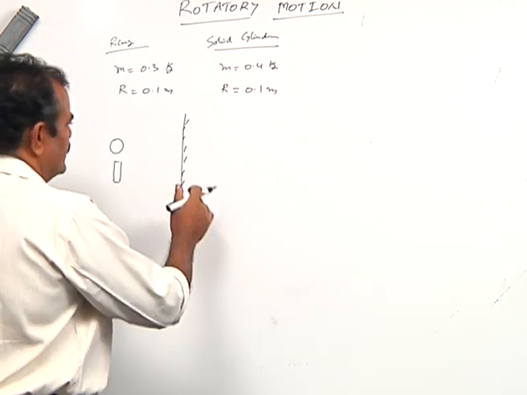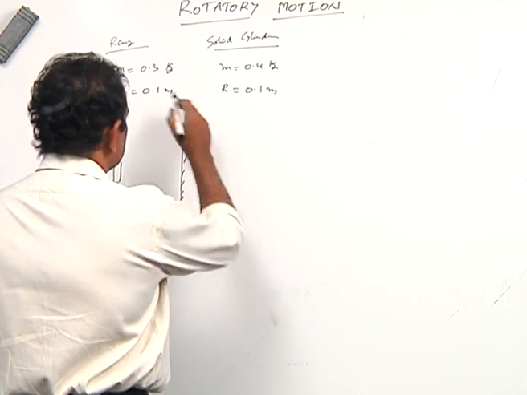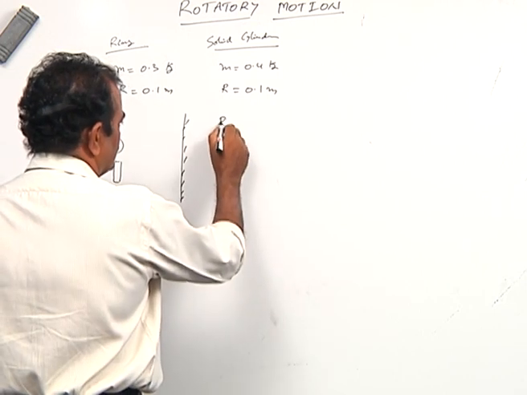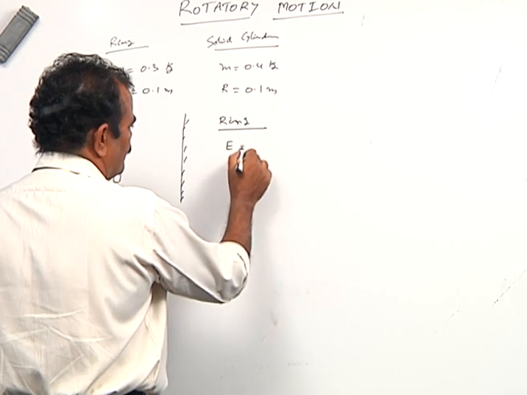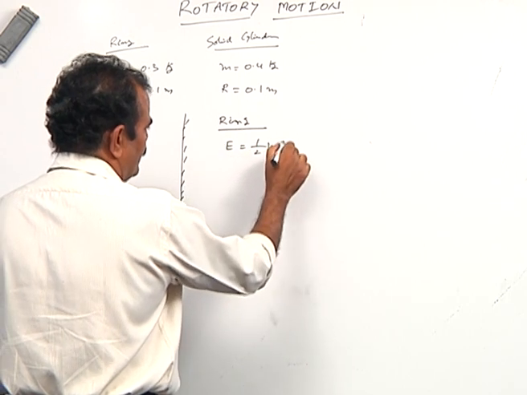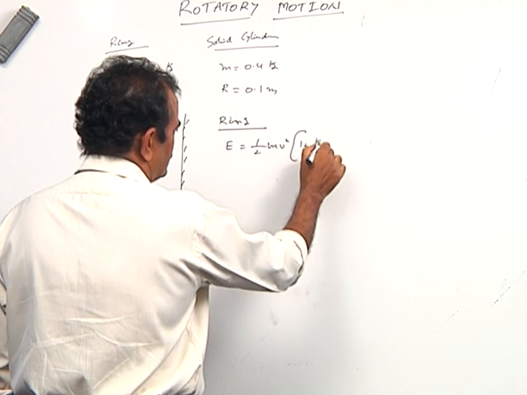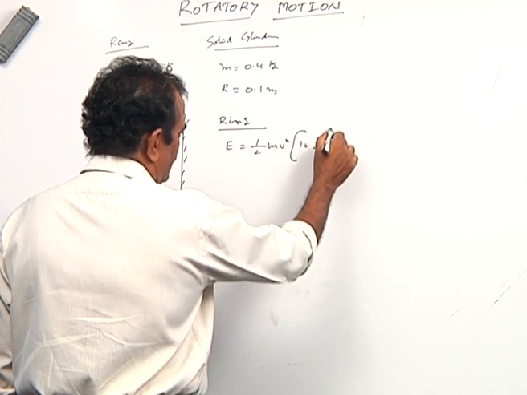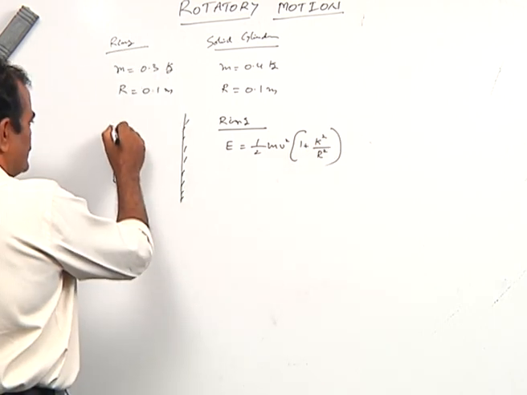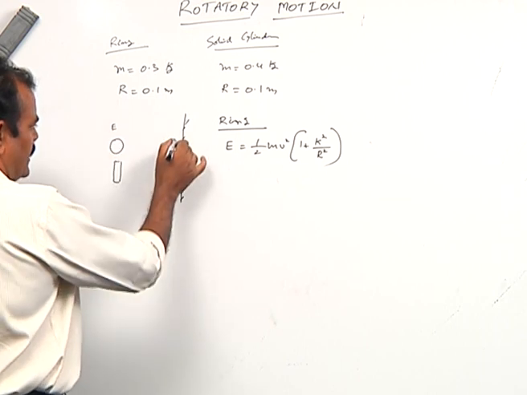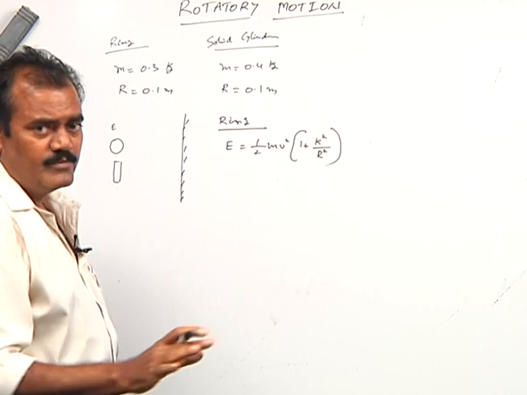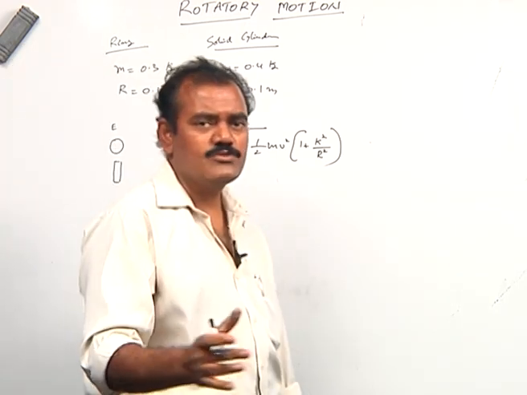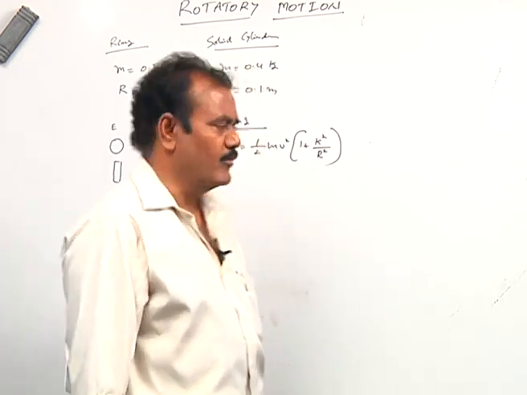So first of all we are taking the ring. For the ring, E is equal to 1 by 2 mv square into 1 plus k square by r square. The kinetic energy on reaching the wall will be the same for both bodies because there is no resistance force to oppose the motion of the rolling bodies.